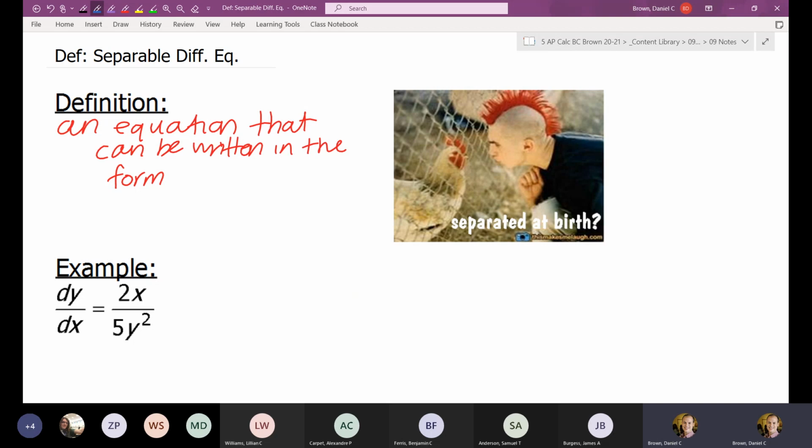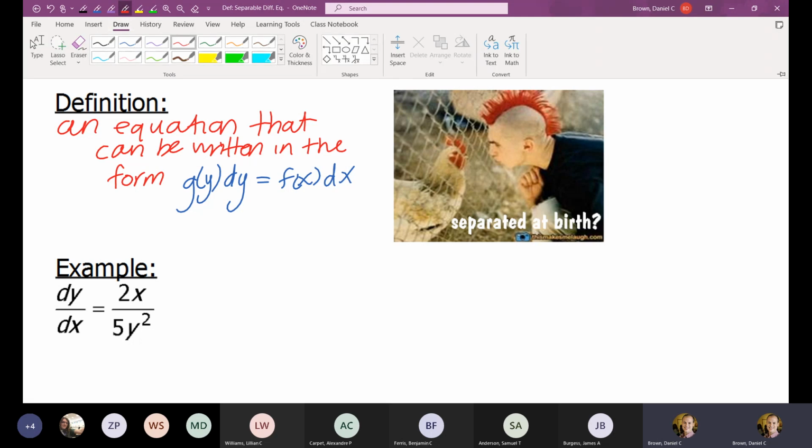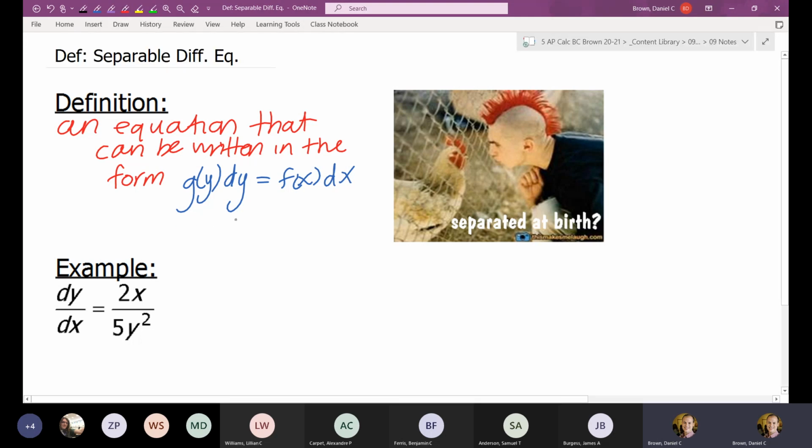So we'll often write it like g of y dy is equal to f of x dx. Not to overcomplicate that, but basically you're going to have all of the y's on one side and all of the x's on the other side. Those are the only types of equations you have to know how to solve in this class.